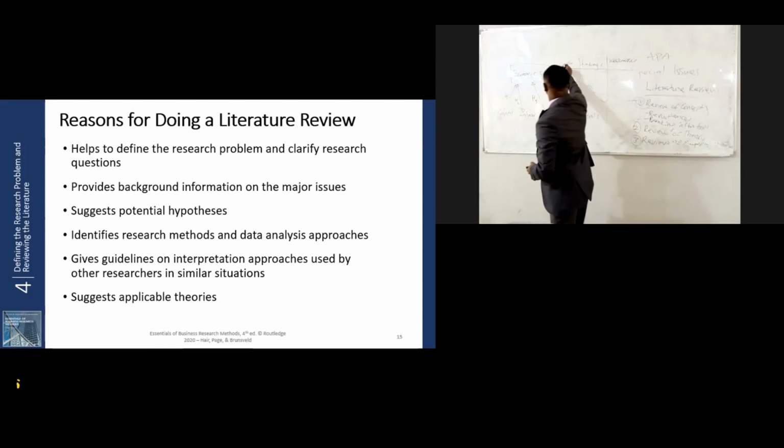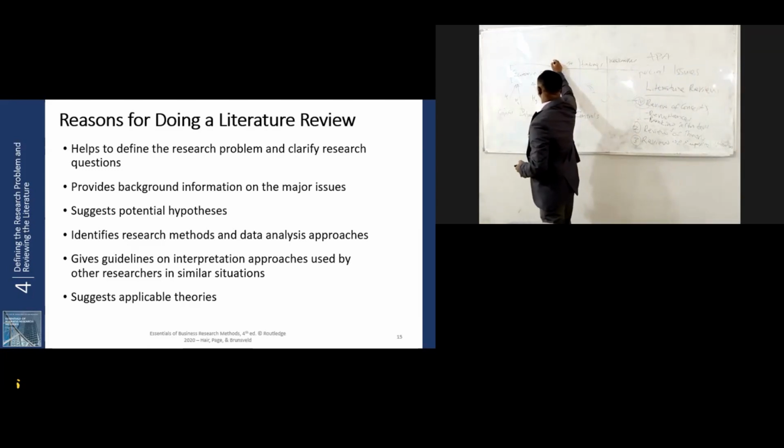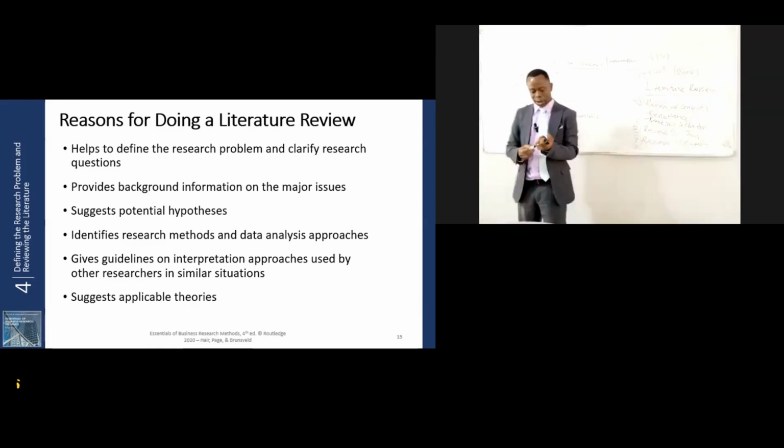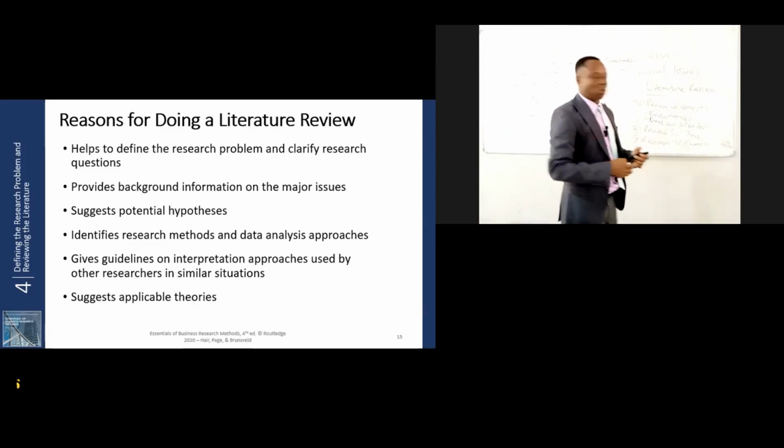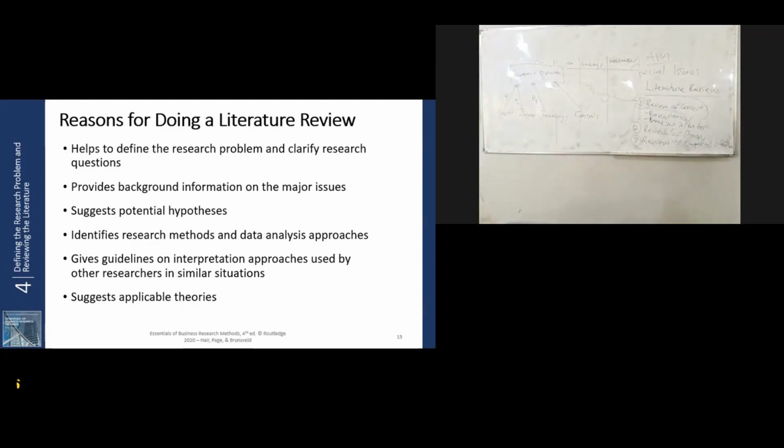Remember when I gave you the template, we had method somewhere. Yes, so you'll be able to find which method is appropriate for your work. Then it will give you guidelines on how to interpret your research. And then it will suggest theories to you.